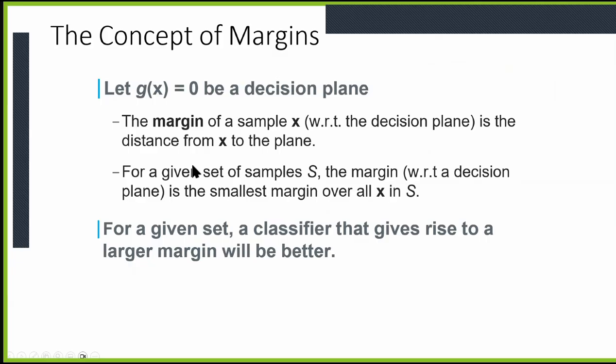Right. So, distance, when we talk in terms of an individual sample, we use the term margin as just the distance from that data point to the decision boundary. And when we're talking in terms of a set of samples, then the margin of that set of samples refers to the smallest margin, so basically the distance to the closest data point within that set of samples from the decision plane.